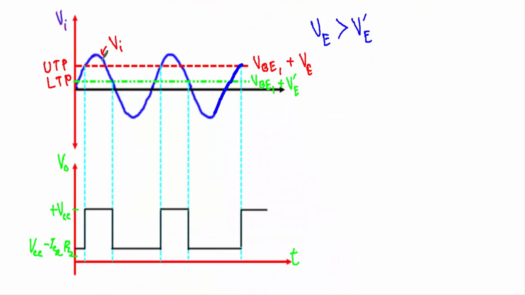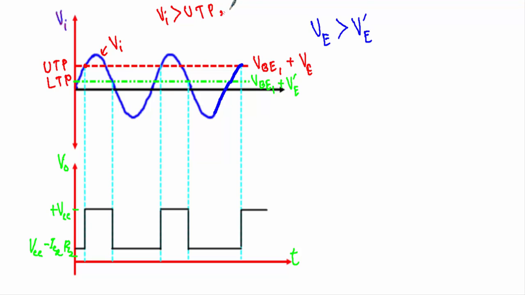So this is our applied input voltage. As VE is greater than VE prime, our upper triggering point will be situated above our LTP. Let me start my analysis from this point. When the input voltage VI is greater than UTP, our output voltage will have a transition from this level to VCC.